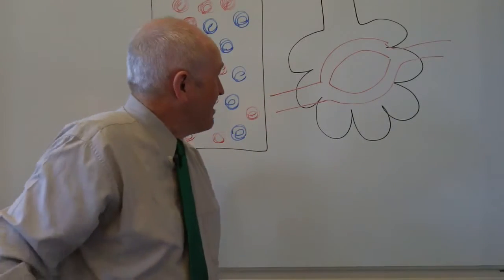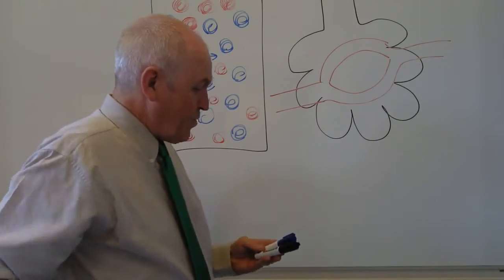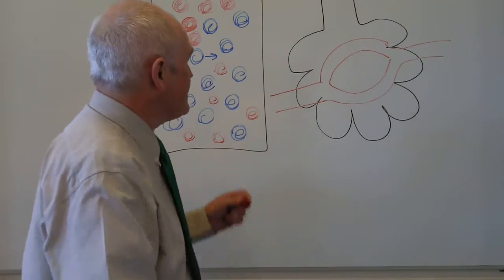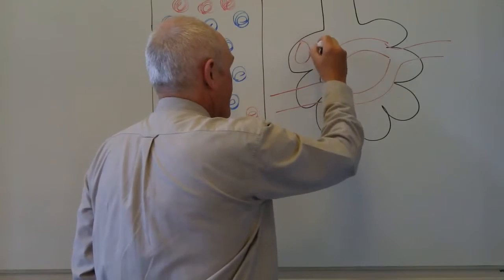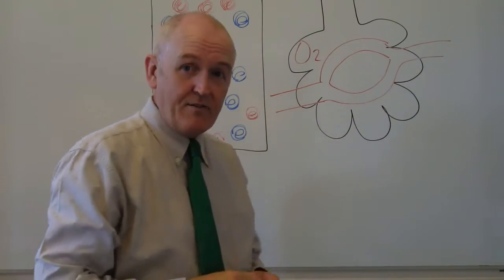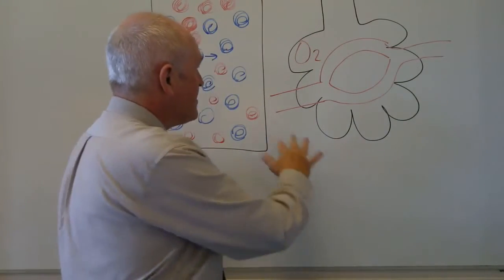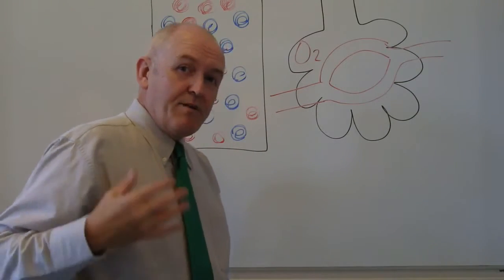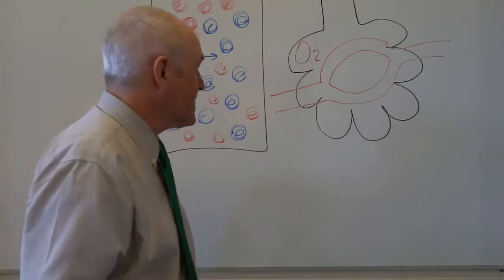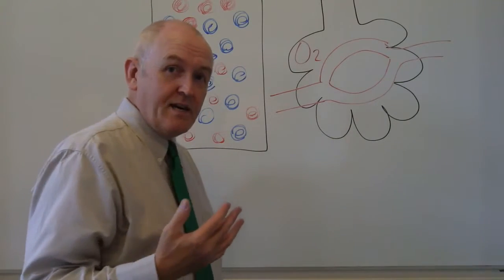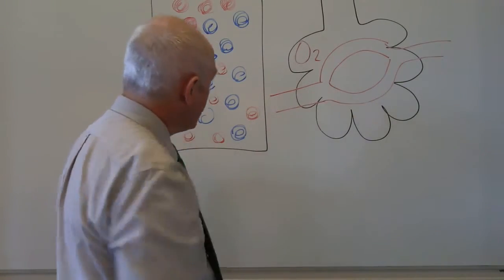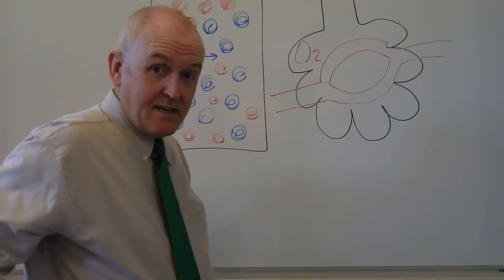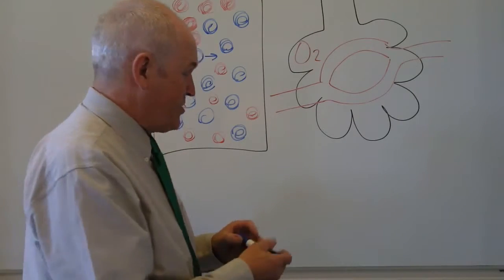surround the alveoli. Because what happens is, when you breathe in, you increase the amount of oxygen in the air in the alveoli. But the blood going through the pulmonary capillaries has come back from the systemic circulation, pumped out from the right side of the heart into the pulmonary arterial system, so the blood arriving here is relatively low in oxygen.